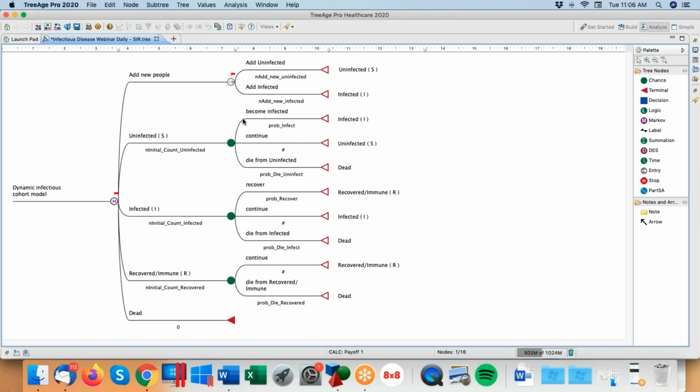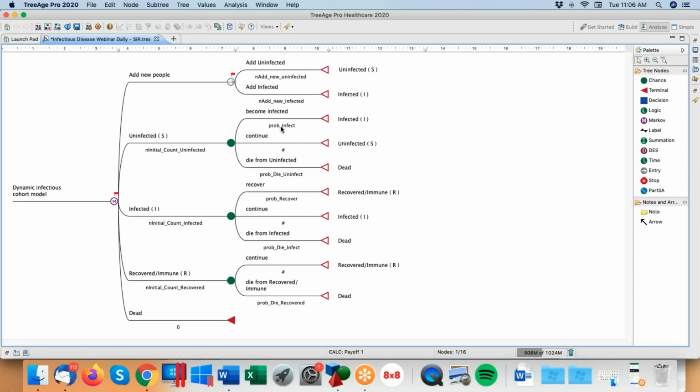But we're going to focus on a couple of elements that are specific to this kind of model that you may not have used in the past. One of those things is this probability of infection. This is a critical piece in infectious disease models that's very different from your standard treatment-based model. If you're treating cancer or something like that, you're not really worried about that cancer passing to another person.